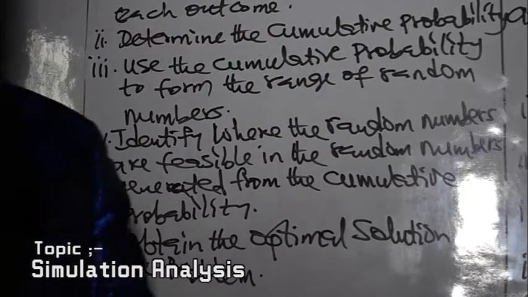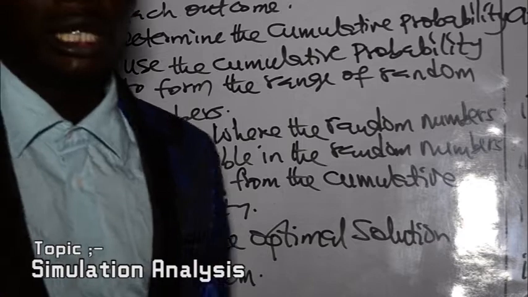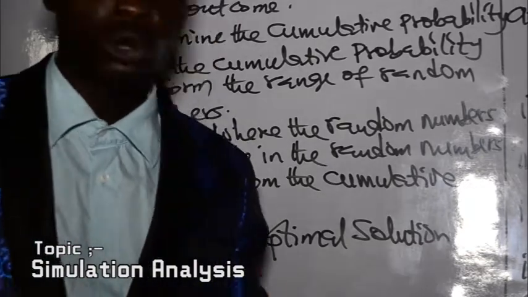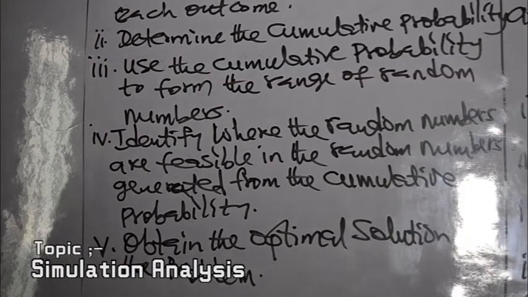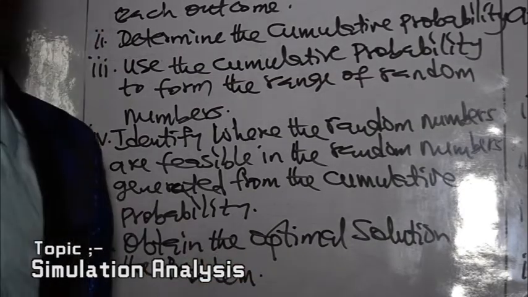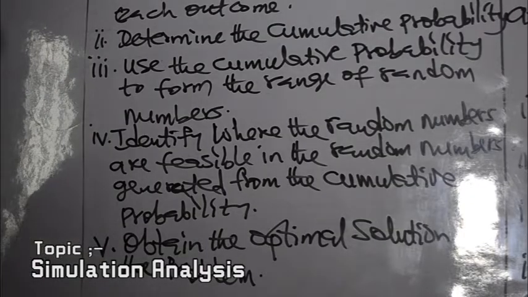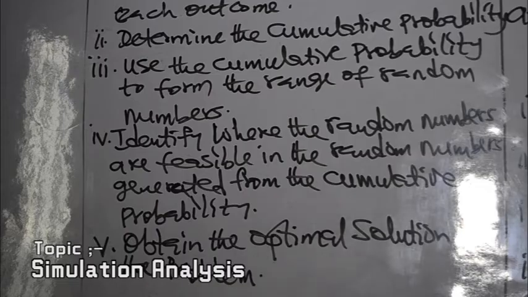That means you'll be given the random number in the question, and you identify where it is feasible within the range. Remember, I've told you 3 different work examples will be solved. So the last step is to obtain the optimal solution to the problem.